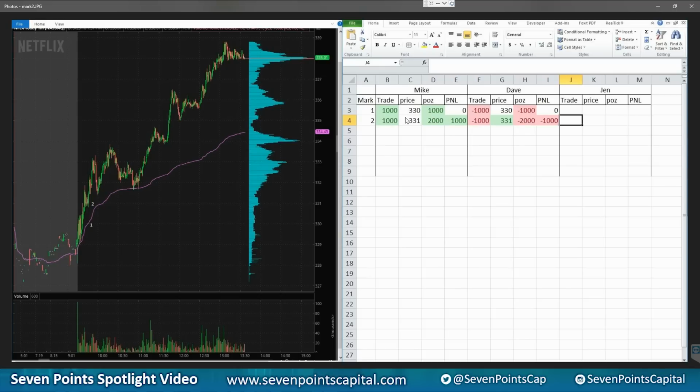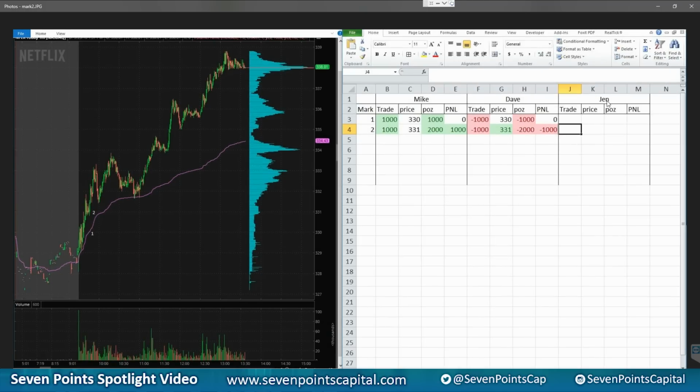So at this point, Mike is long 2,000 shares, and his profit is $1,000 on his position so far. Dave is short 2,000 shares, and at the 331 price level, Dave is down $1,000 on the trade. And so far, Jen hasn't traded yet. She's just waiting for her setup, waiting for an opportunity to trade.